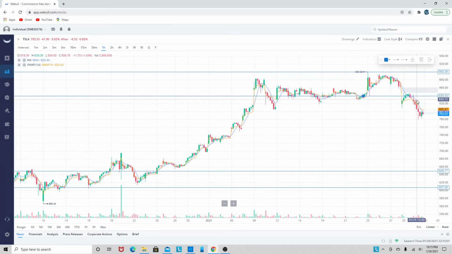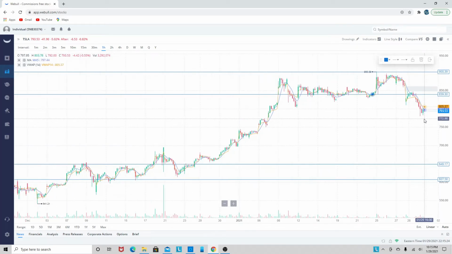It dropped almost $42 during market hours, and then another $6.50 after hours. So we're all the way down here now at $793.55. Is that where we're at? Yeah.